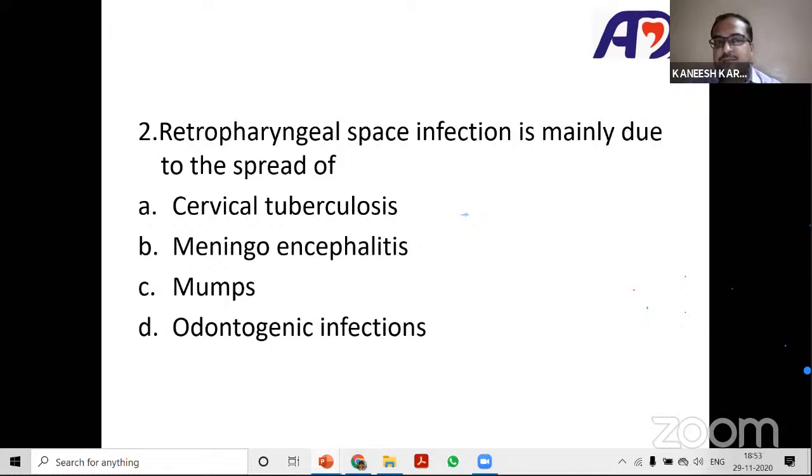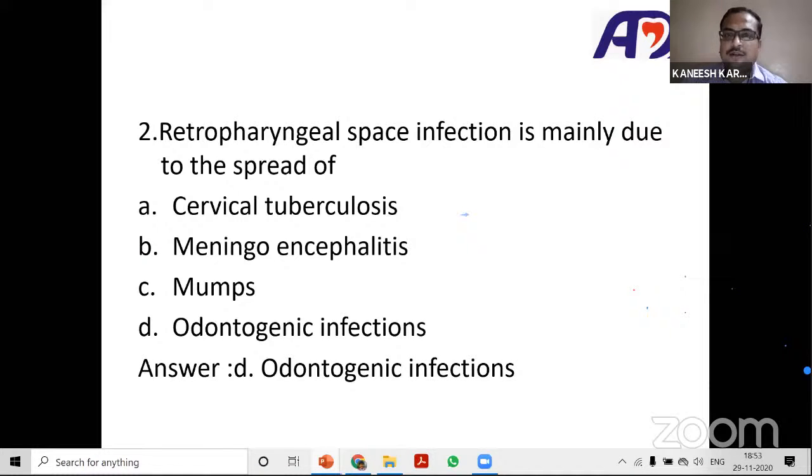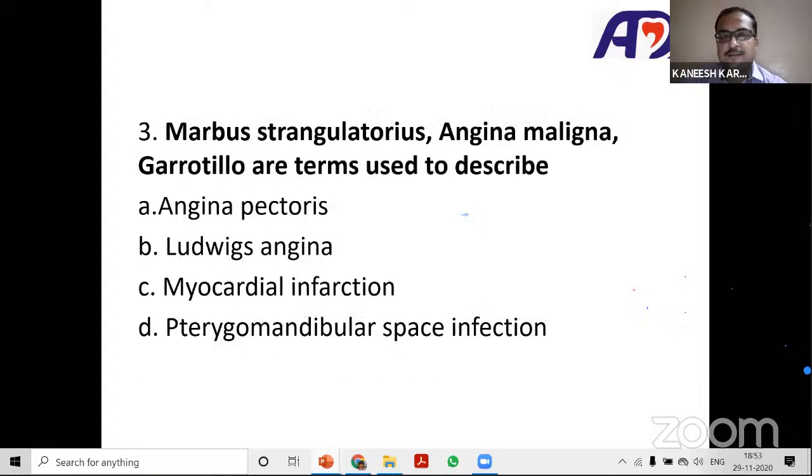Retropharyngeal space infection is mainly due to the spread of odontogenic infections. The infections from the tooth spread to the retropharyngeal space.